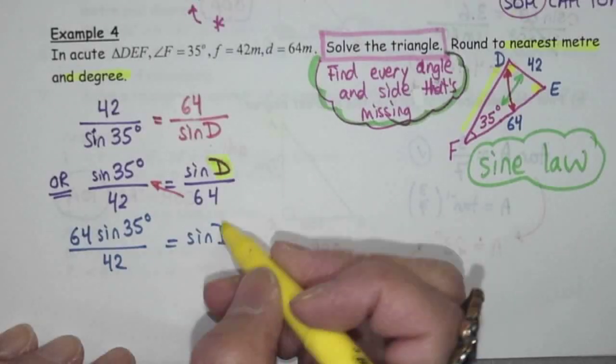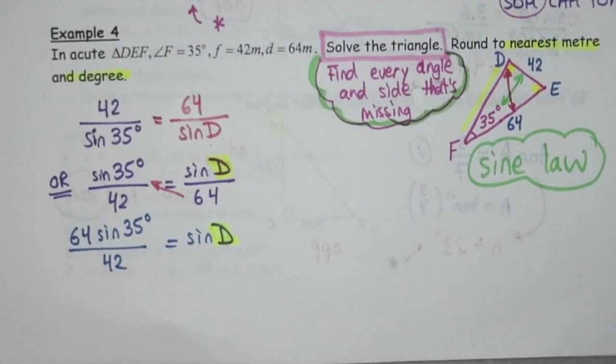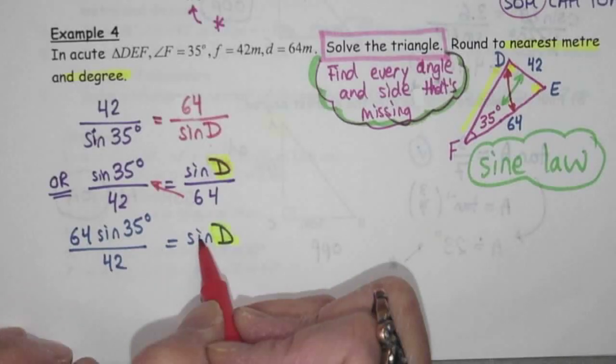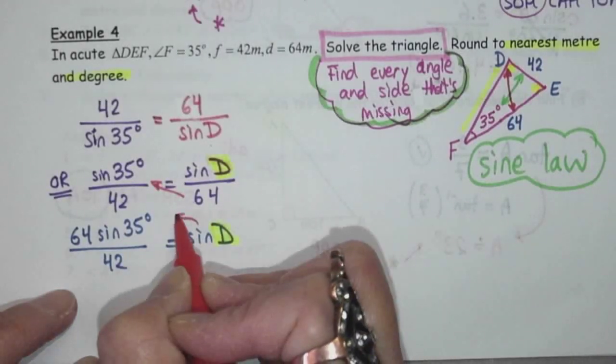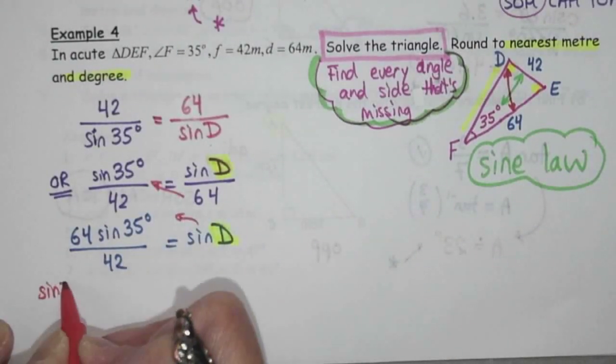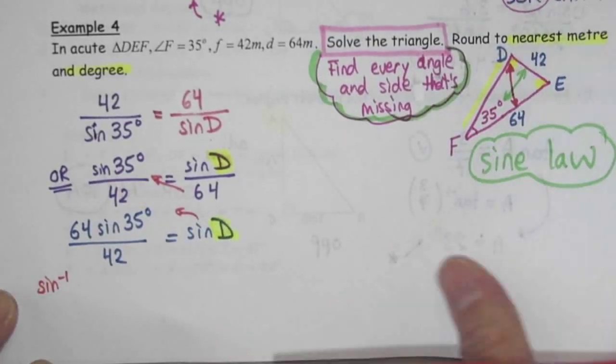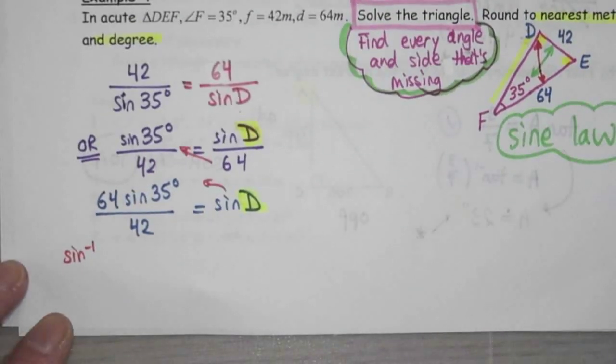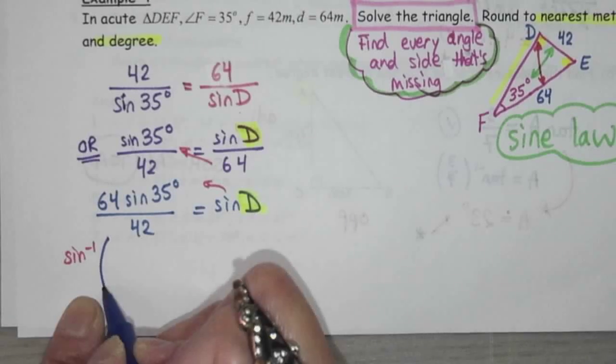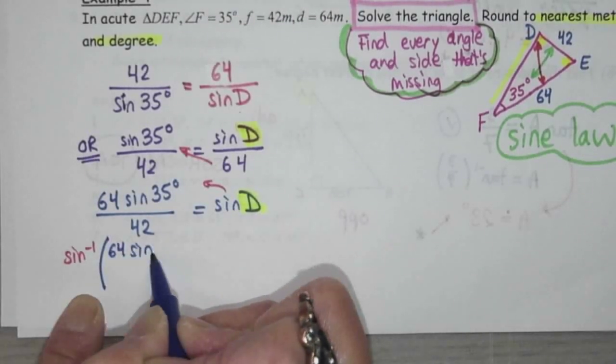I'm still not done because that's not the angle. So to find the angle, what do I have to do? Yeah. Inverse it. So I'm bringing this over, which means it becomes the inverse. I picture it as bringing it over and then keeping this whole thing in a bracket.